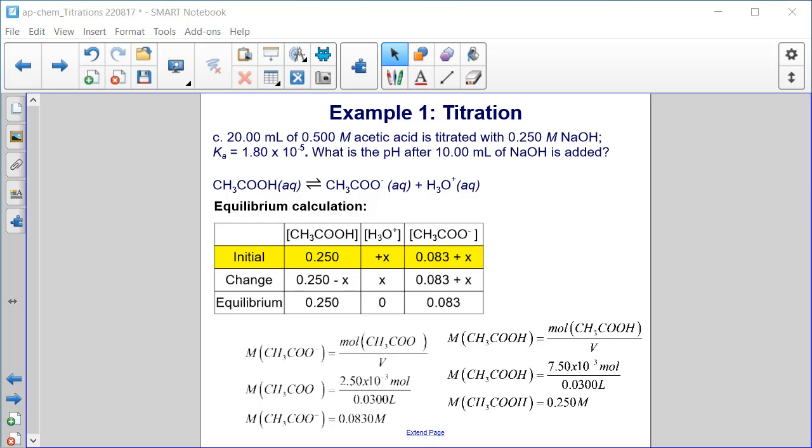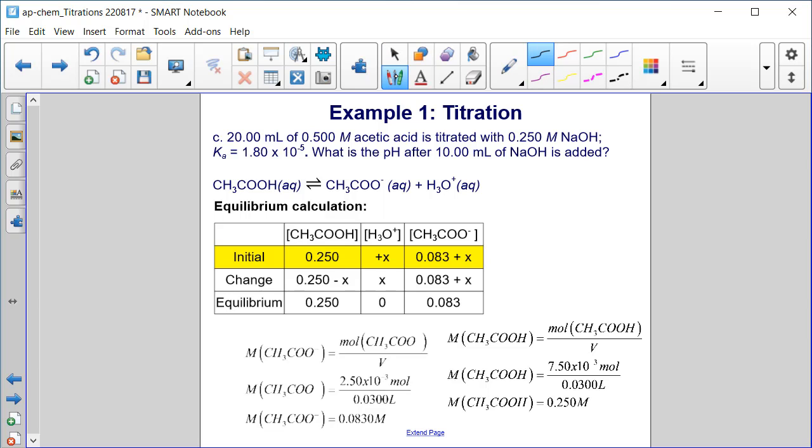Once we know the number of moles and the total volume, we can find the new concentrations once that new equilibrium is established. So that's what I've done here. For the acetate, the moles we found was 2.5 times 10 to the minus 3 divided by the volume, 30 milliliters or 0.0300 liters.